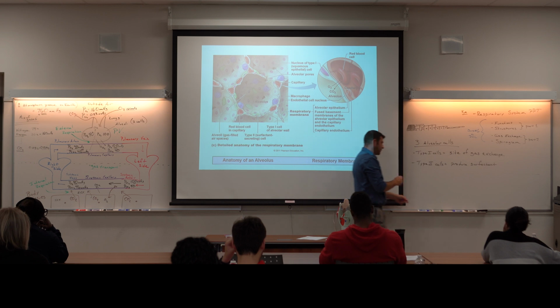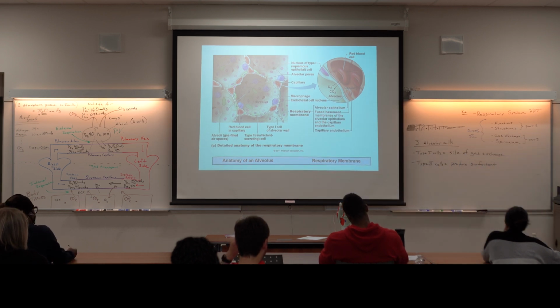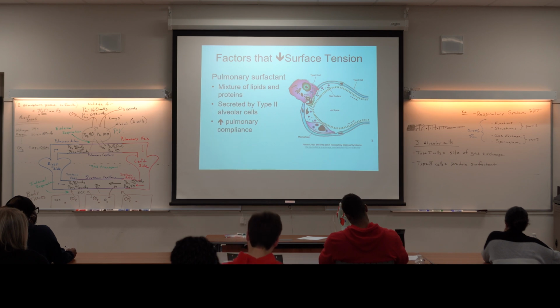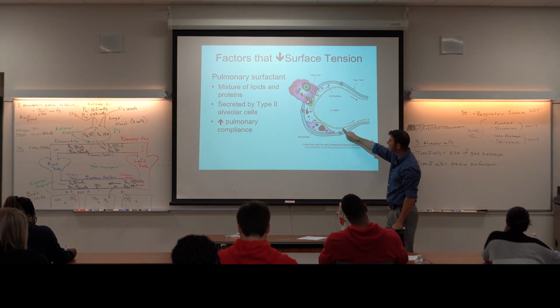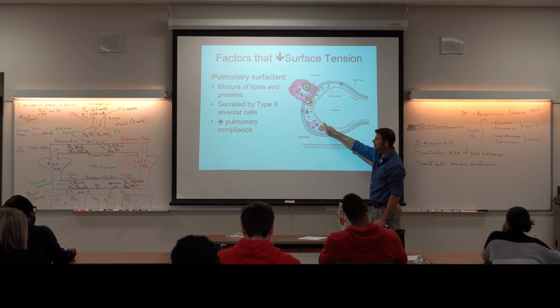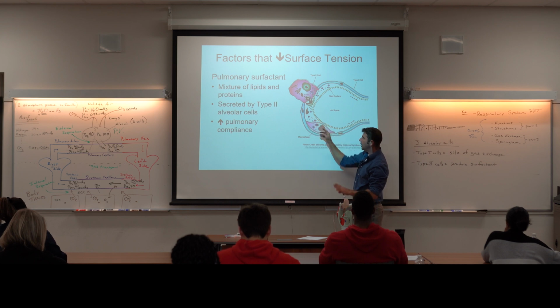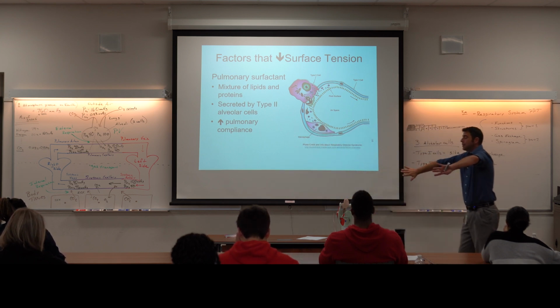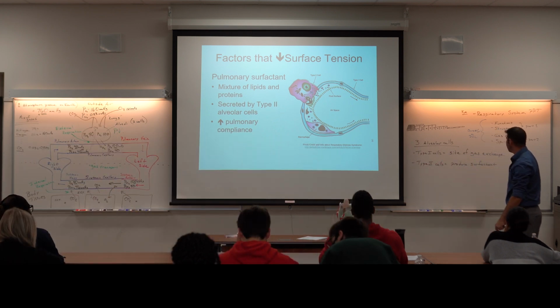So by producing surfactant, the type 2 cell prevents water molecules from wanting to form those bonds. It basically is a lipid-based substance that coats these alveoli, and like we said, it increases pulmonary compliance by expanding each individual alveoli. It prevents that alveoli from wanting to collapse.